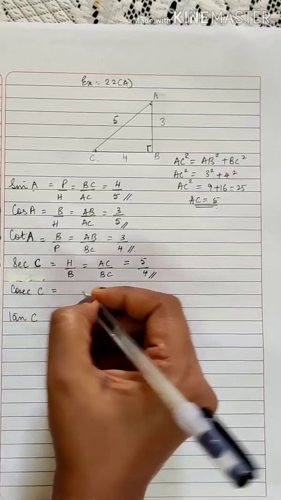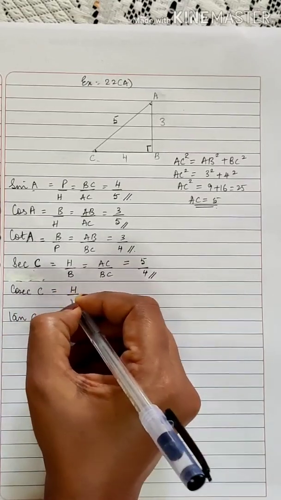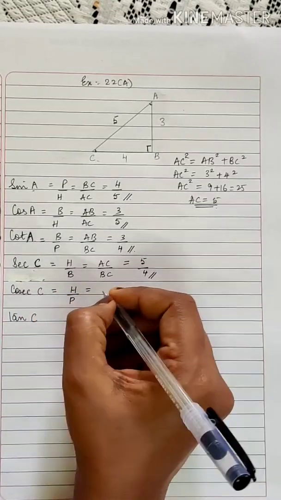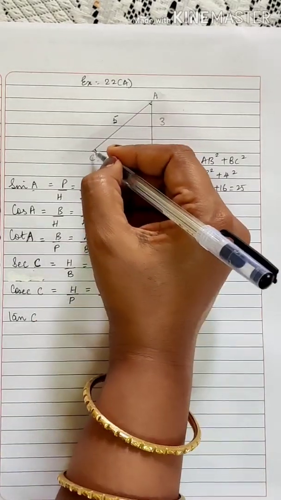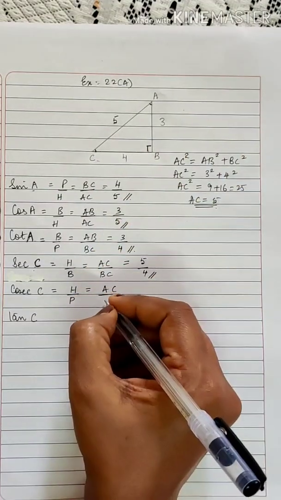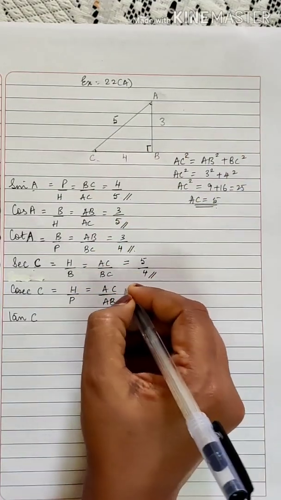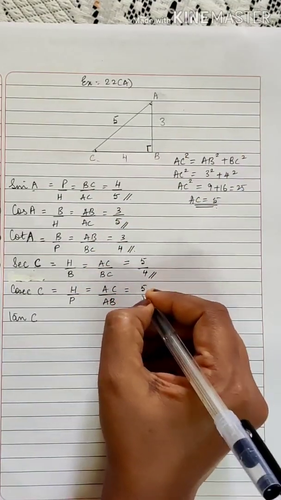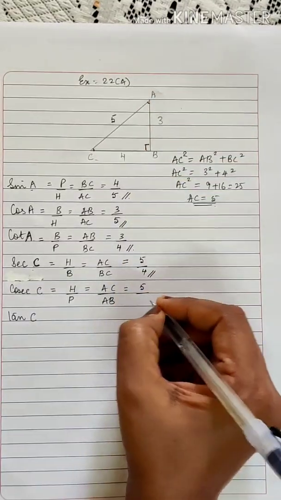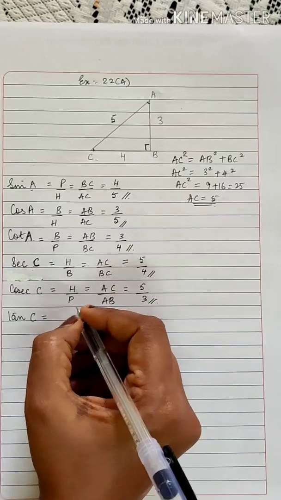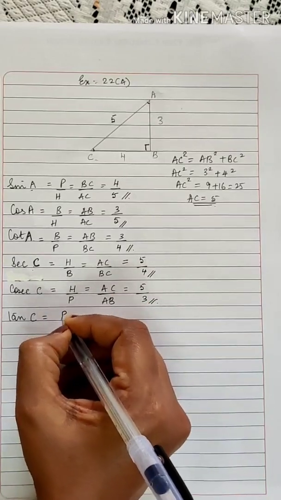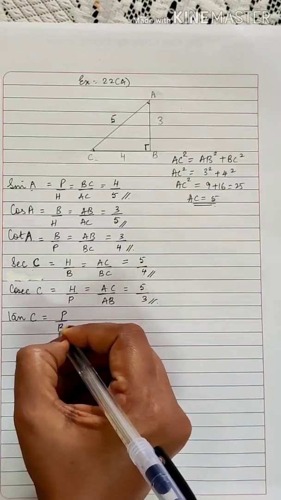Next, cosecant C, hypotenuse by perpendicular, that is AC, and perpendicular for angle C is AB. So AC is 5 and AB is 3. So 5 by 3. Again, tan C. Tan C, the ratio is perpendicular by base.